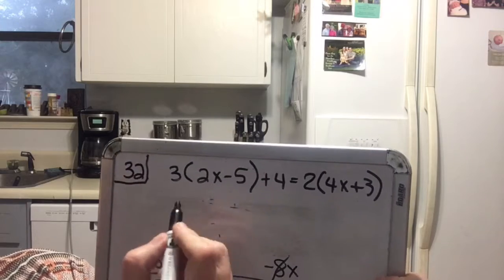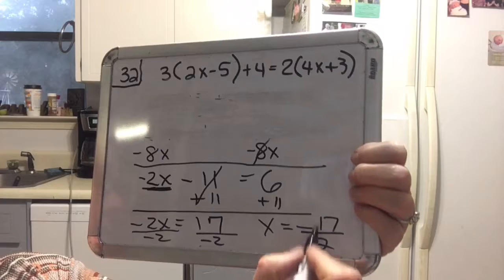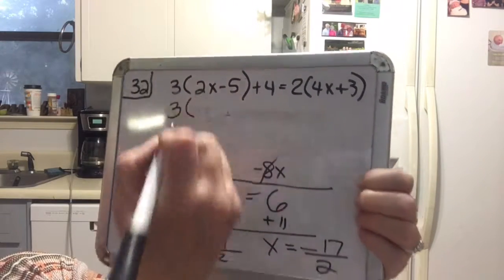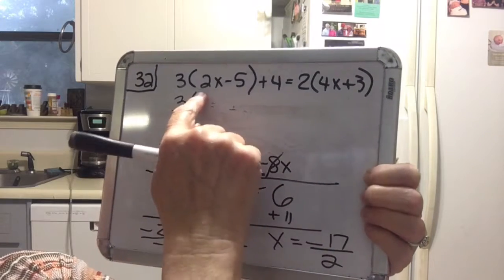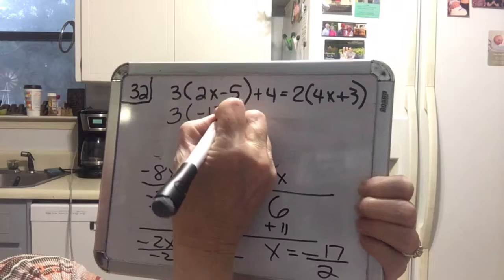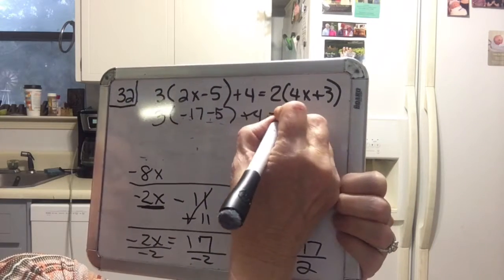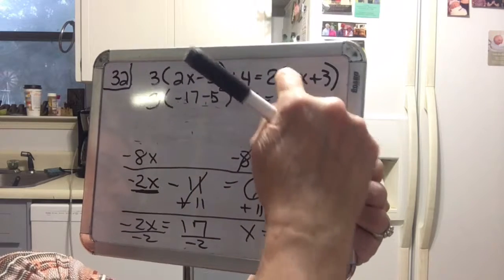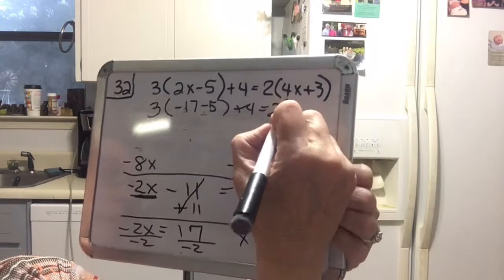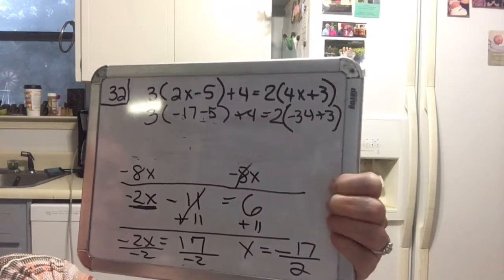Okay, so now when we go ahead and plug in our negative 17/2 here, we're going to get 3 times 2 times the negative 17 halves is just going to be a negative 17 minus a 5 plus a 4 equals 2 times, now 4 times a negative 17 halves is going to be a negative 34 plus a 3 because of the cancellation.